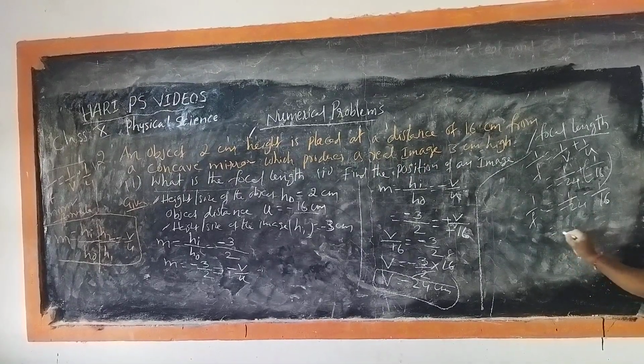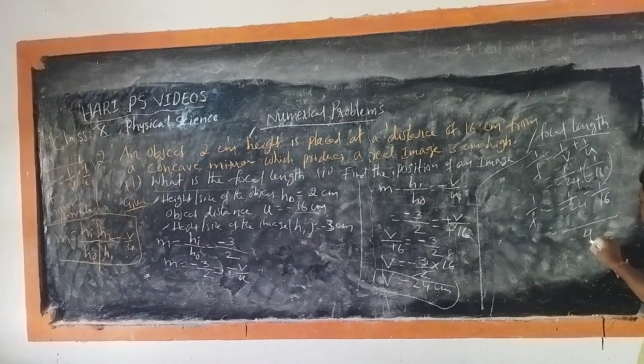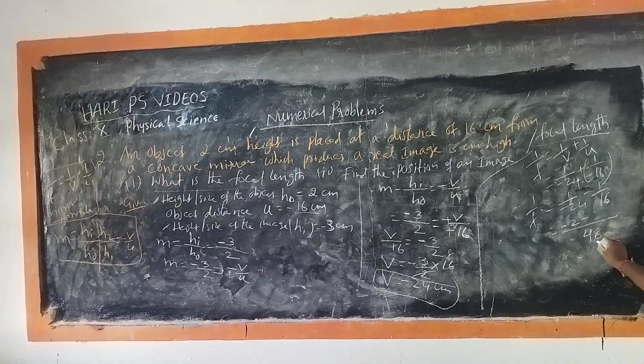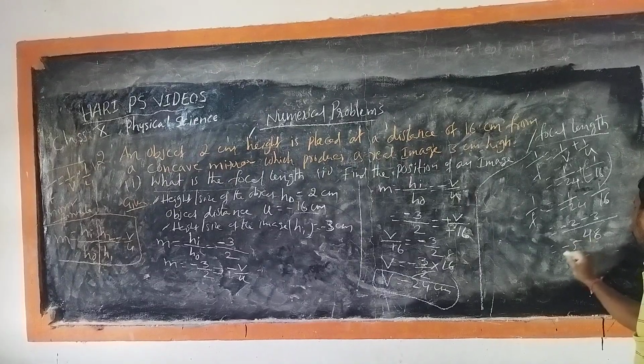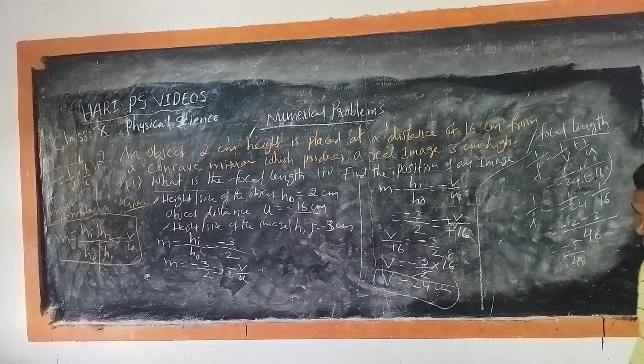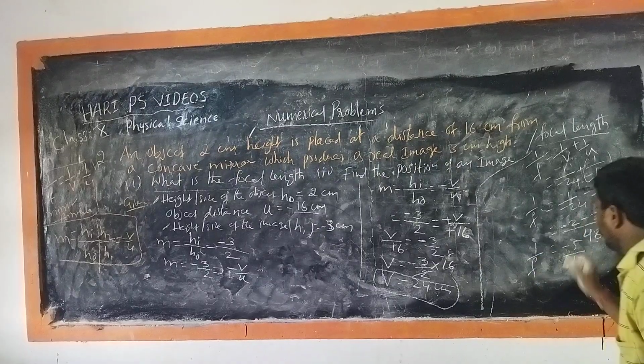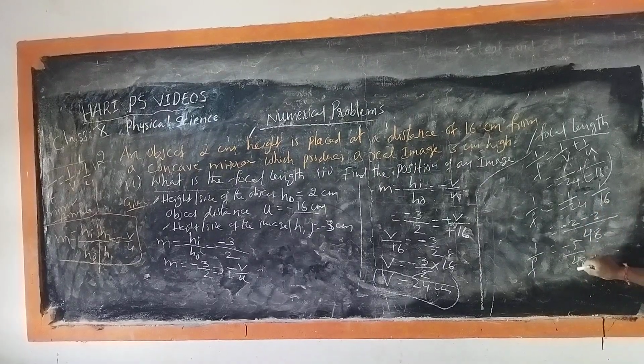So simplify. The LCM is 48. Minus 2, minus 3, that is equal to minus 5 by 48. So 1 by f is equal to minus 5 by 48.